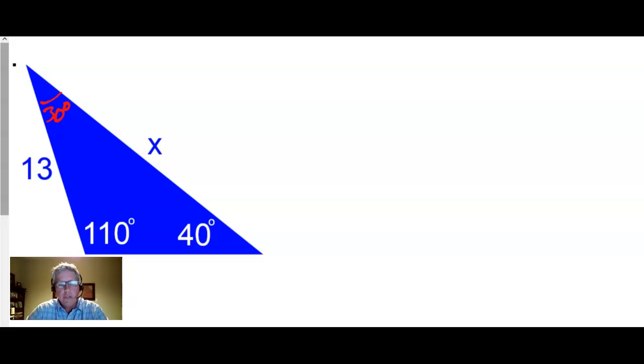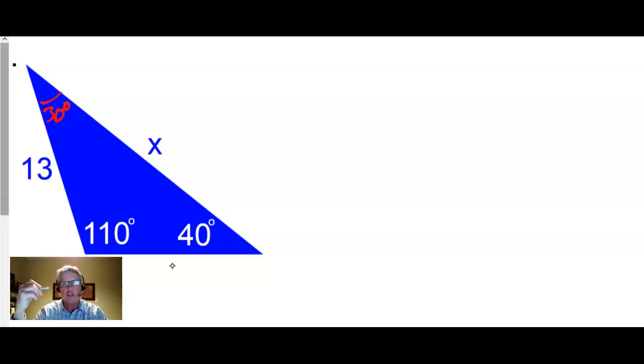So law of cosines is this really cool trick, but we need 2 sides and the included angle. We know these 2 sides sort of and that included angle, but we don't know the opposite side. So we kind of have, oh, darn it. Now this is where I want you to think about law of sines.